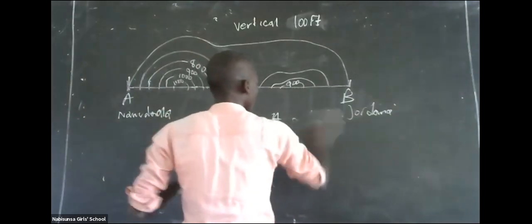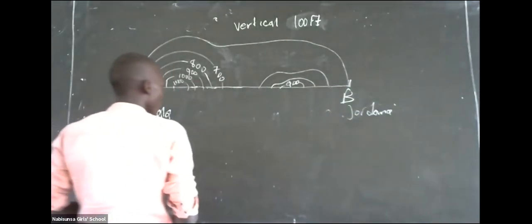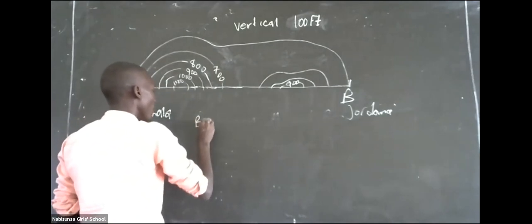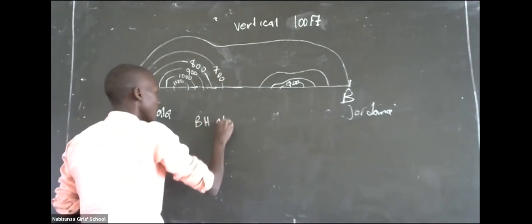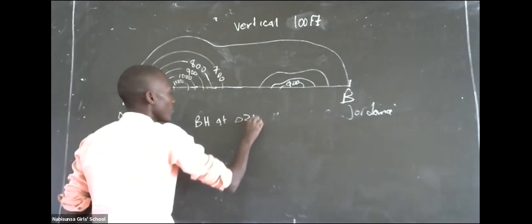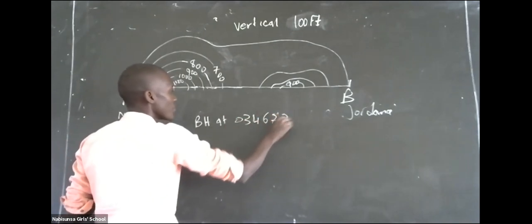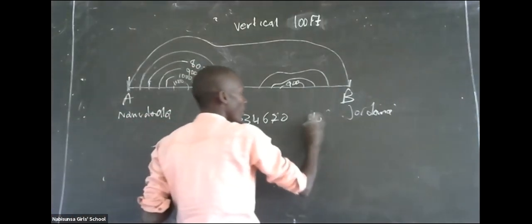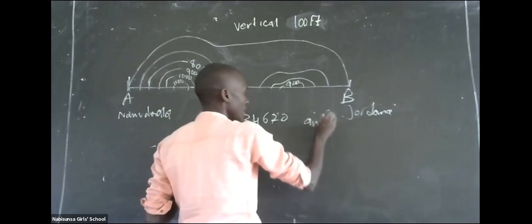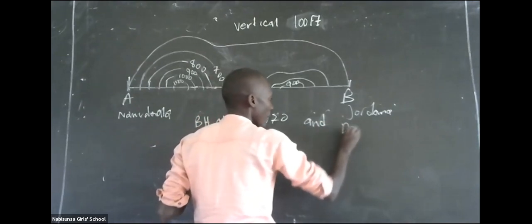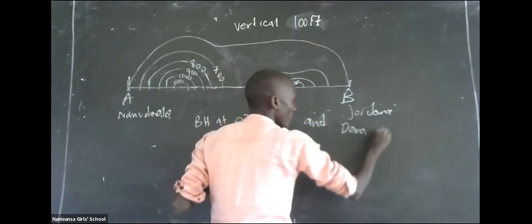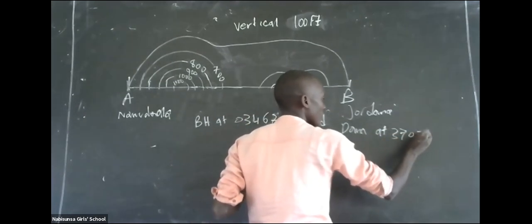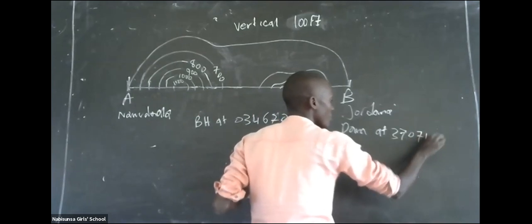They will tell you, draw a cross section between borehole at a grid number like 3, 4, 6, 7, 0, and dam at a grid number 3, 7, 0, 6, 7, 1, 0.